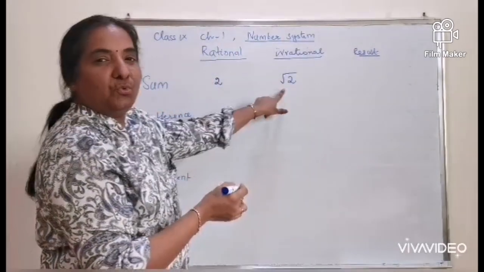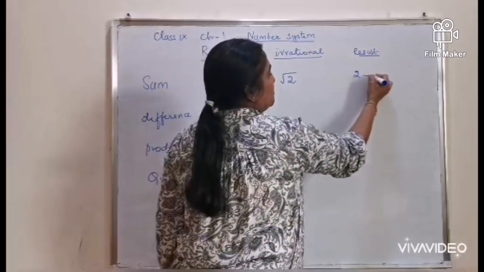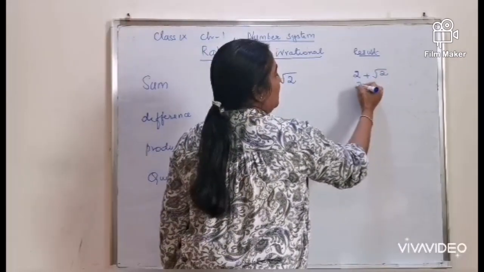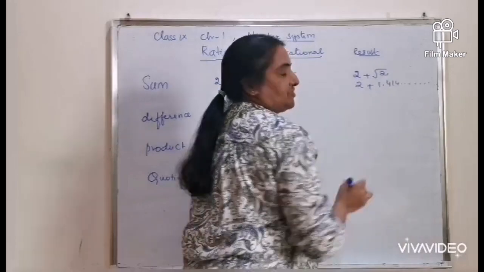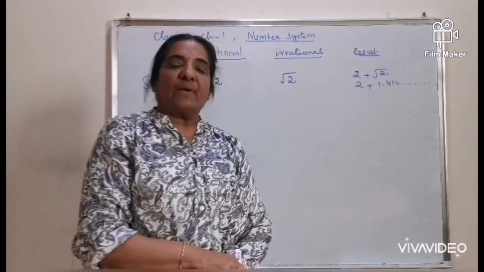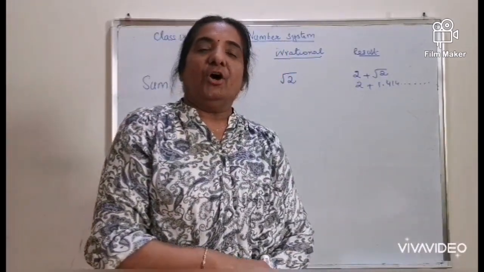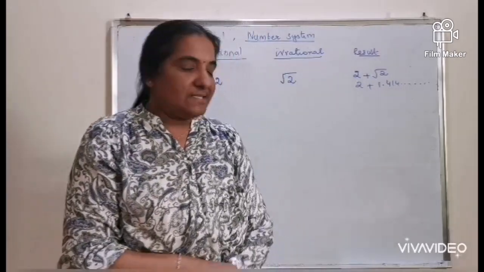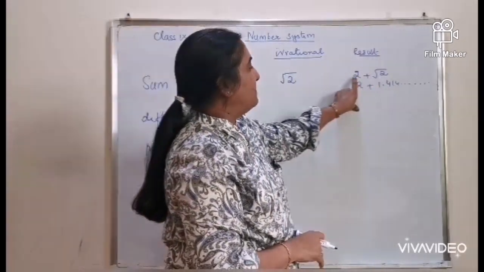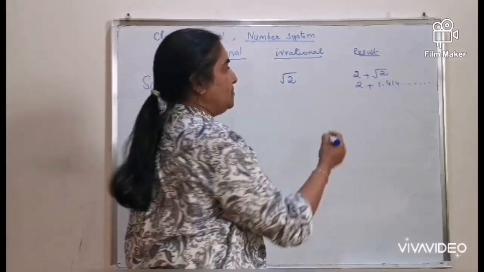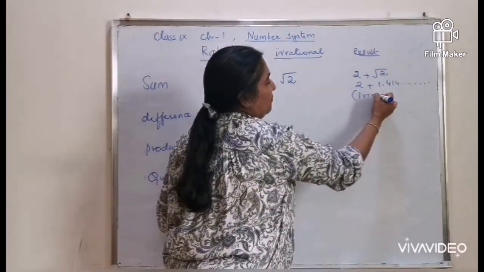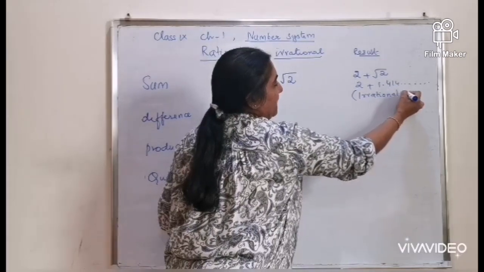The sum of 2 and root 2 is 2 plus square root 2, 2 plus 1.414, etc. That is, the value of square root 2 is not a terminating one. Thus, when you find the sum of a rational number and an irrational number, again you are getting a result of an irrational number.